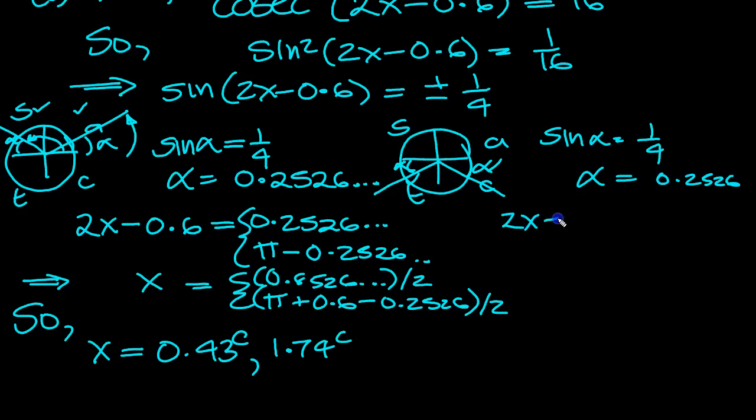So 2x minus 0.6 will equal, our two solutions, the first one is round to here, pi plus 0.2526. And the other one will be right around to here, which is 2 pi minus 0.2526.